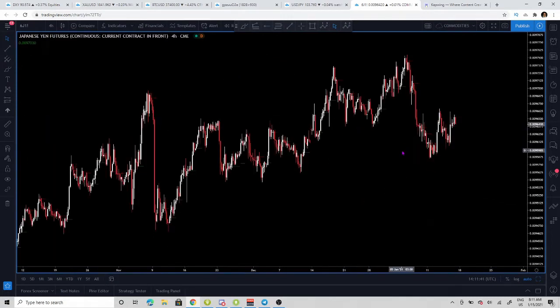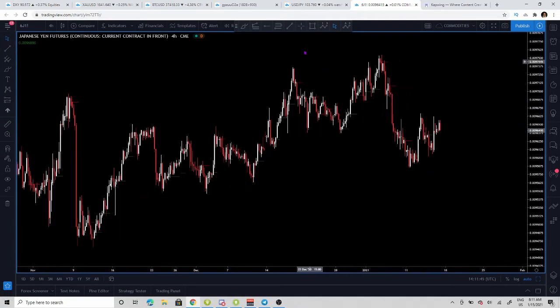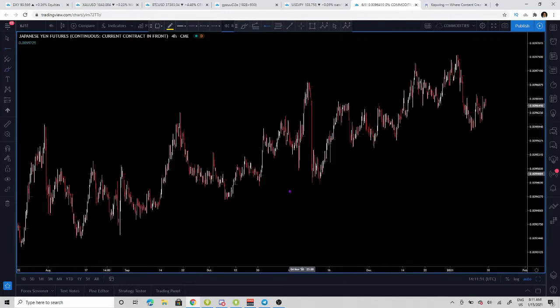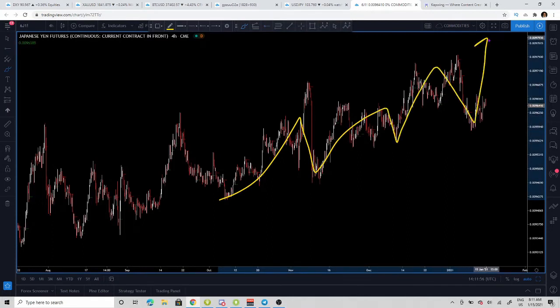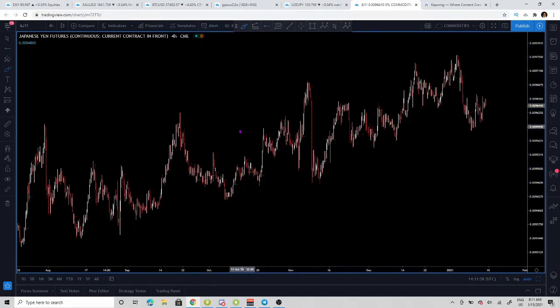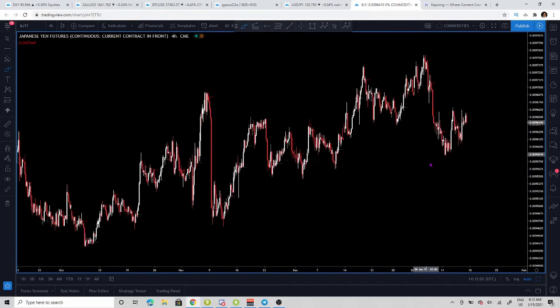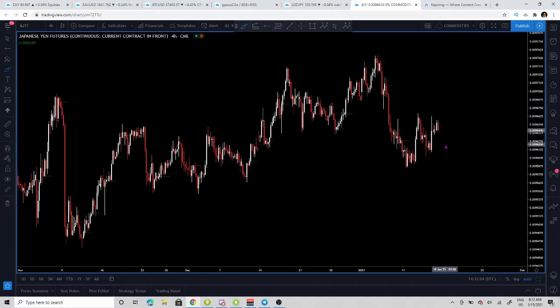The reason that I would like to look at the yen futures is because I like to understand what is moving the market, right? Well, right now, as you can see, we are still bullish on the yen futures, printing higher highs and higher lows. And like I said, as long as the US dollar is dipping, we are bullish on the Japanese yen, right?